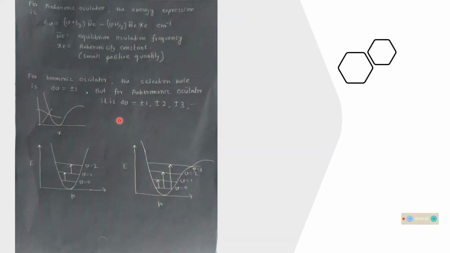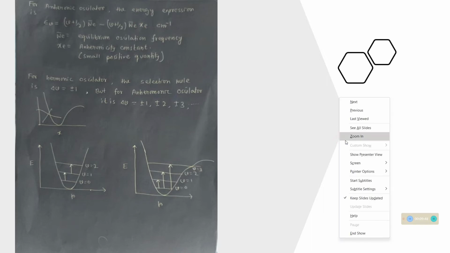But for the anharmonic oscillator, the energy expression is like this: V plus half omega bar E minus V plus half square omega bar E XE. There should be a square term. Here omega E is the equilibrium oscillation frequency, and X E is the anharmonicity constant. It is a small positive quantity.